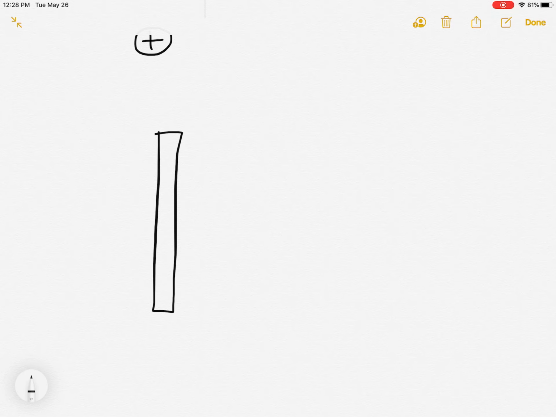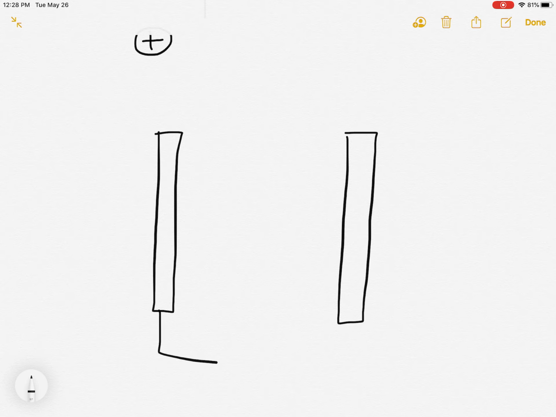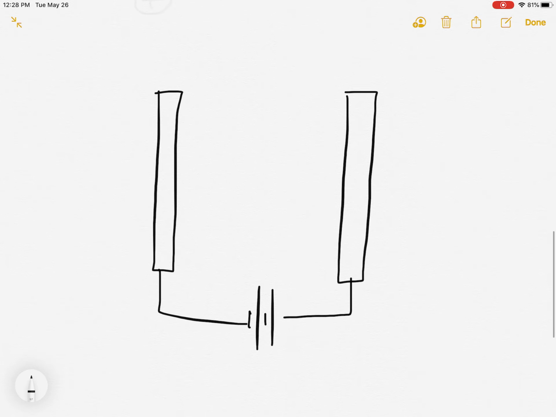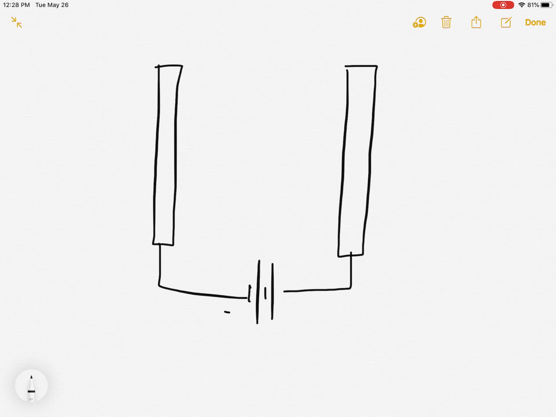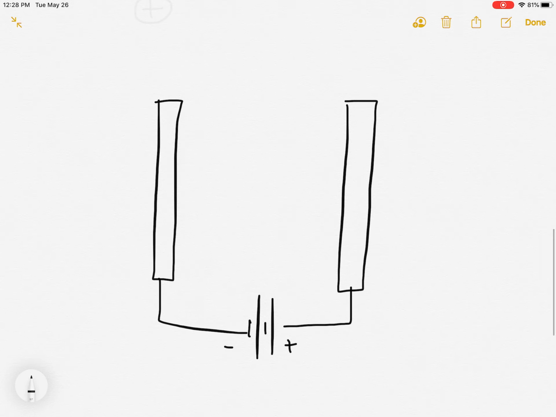The way to do it is to take a conductive metal plate, along with a second conductive metal plate, and then connect them to a power source, like this. Now remember, with our power sources, this is the negative side and this is the positive side of the cells that are creating this push, this voltage, right, between the two.